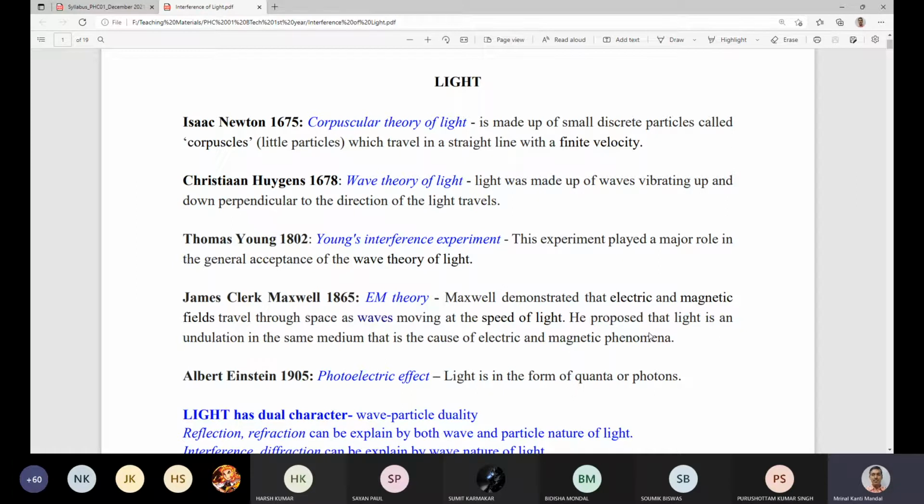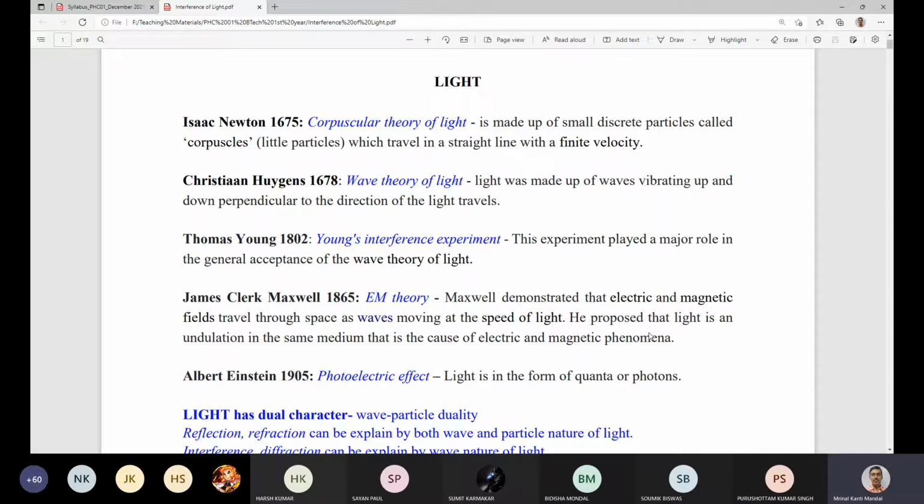Later on, around 1801 and 1802, Young first performed the interference experiment.